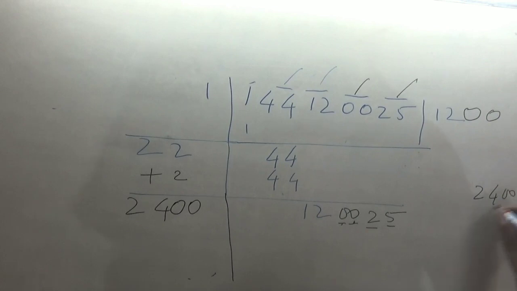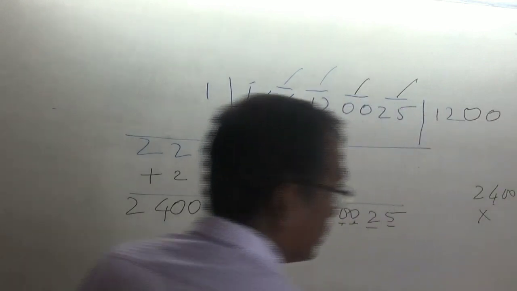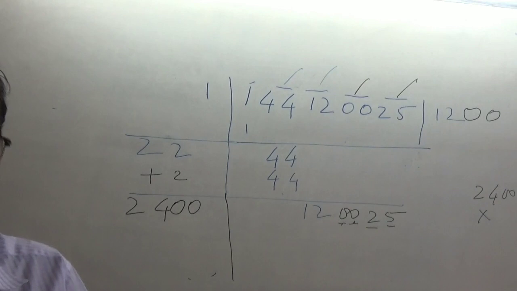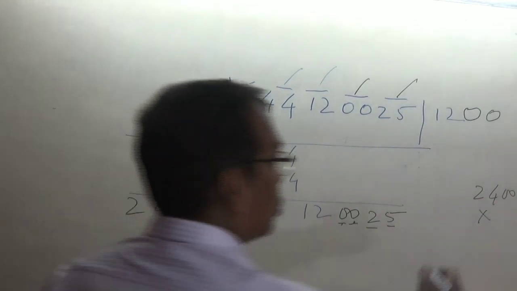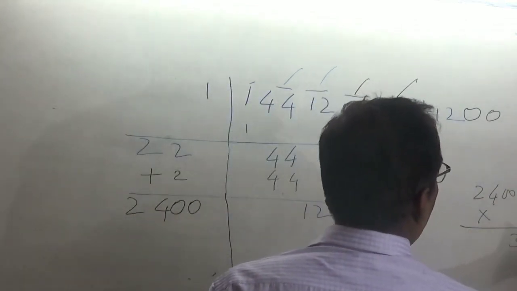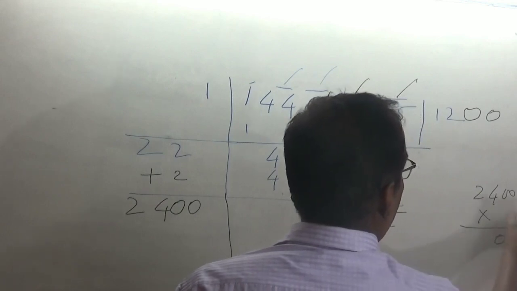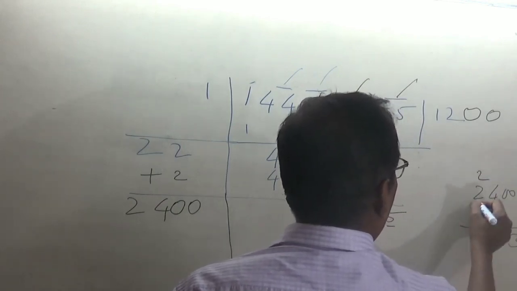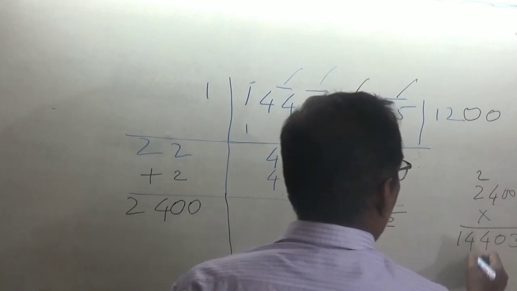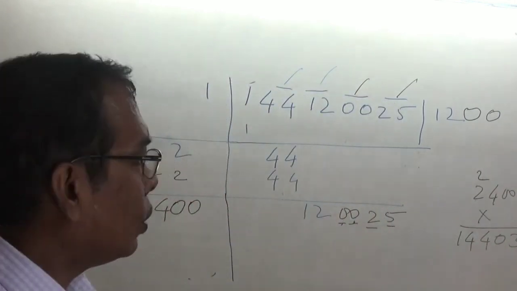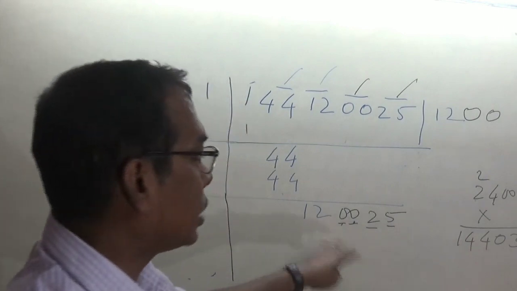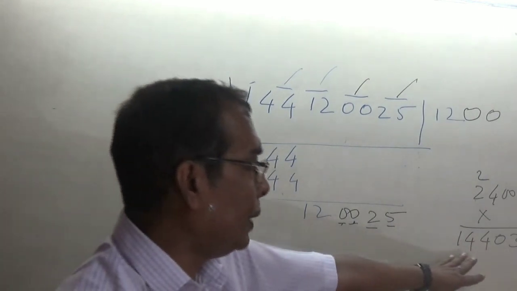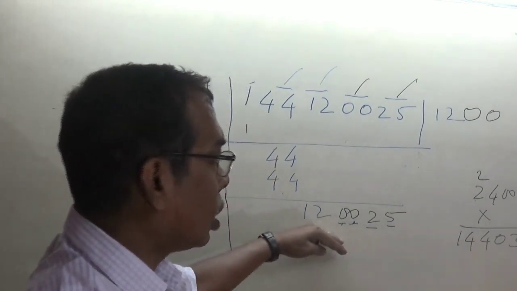Don't lose your patience. 6 into 6 are 36, 6 zeros are 0, 6 fours are 24, carry 2, 6 twos are 12, 12 plus 2 is 14. That is 1 4 something, so this will be a bigger number, so it will not match here.